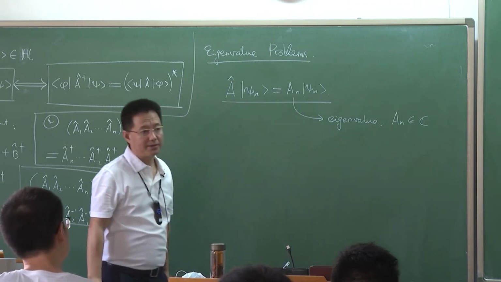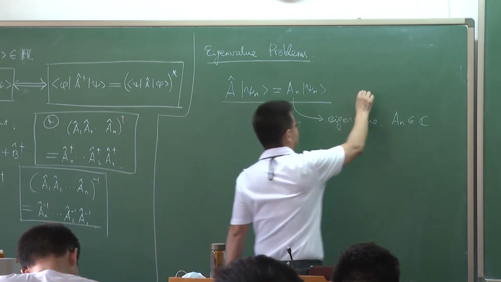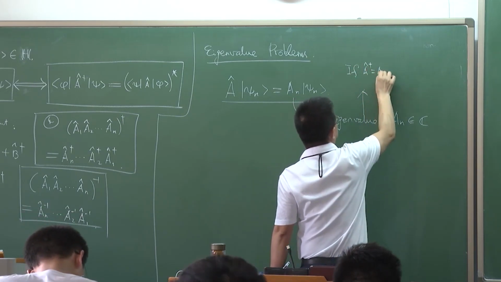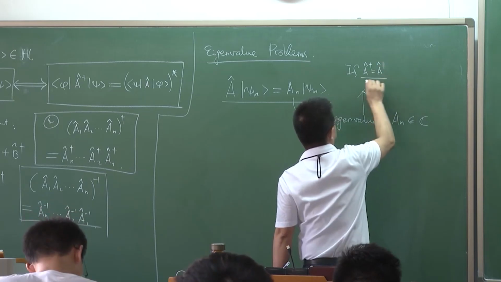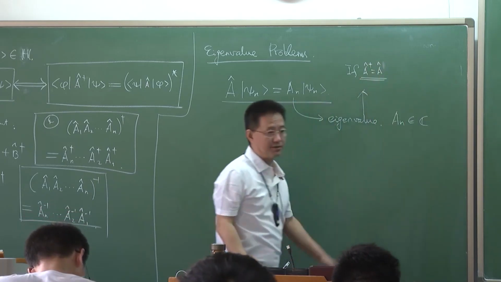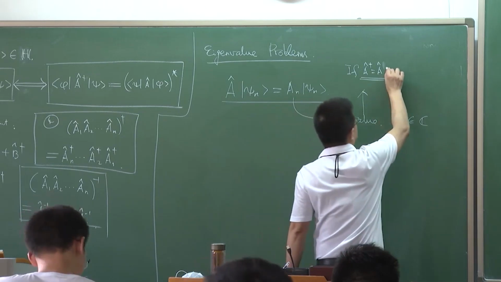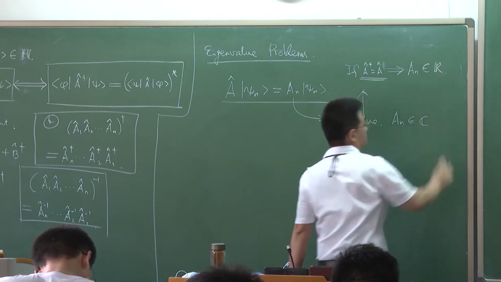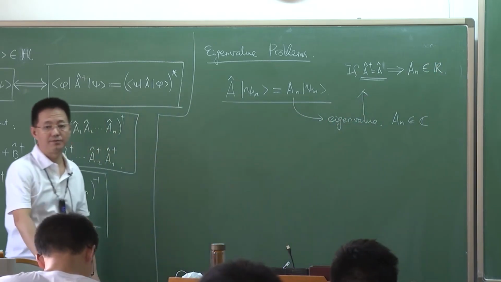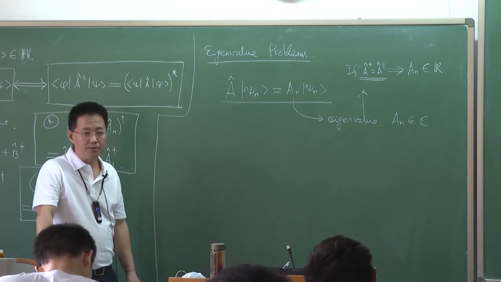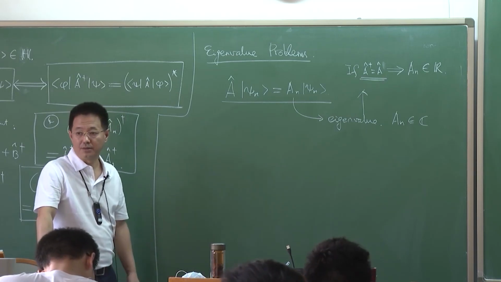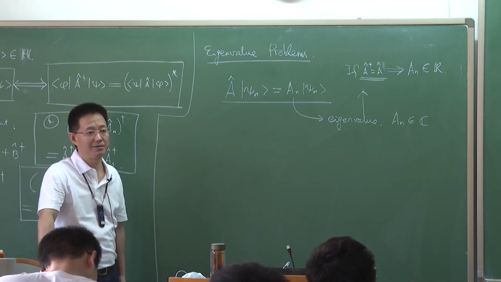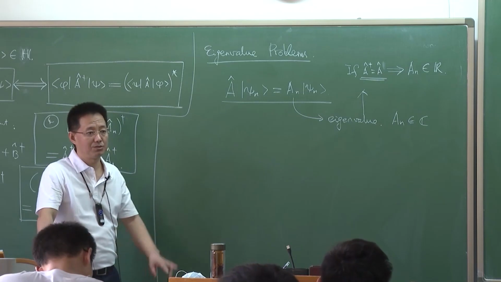But you can prove that if A is equal to its Hermitian conjugate, if it's a Hermitian operator, then An is a real number. Okay, we have several theorems related to the eigenvalues and eigenstates in the lecture notes, but we have no time to state everything clearly in detail, so you should learn it by yourself.